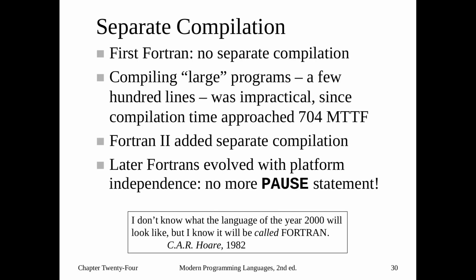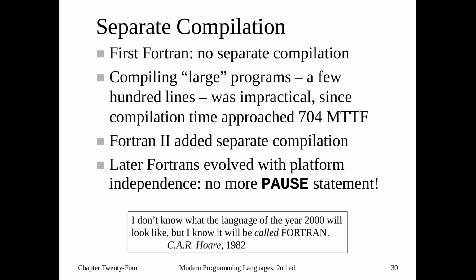Now, the first Fortran had no separate compilation, right? That meant you could not compile separate files. You had to compile all files at once to make the program. All the parts had to be right there at the time. If you had more than a few hundred lines, that became quite impractical.